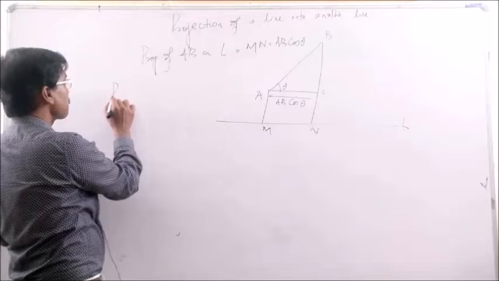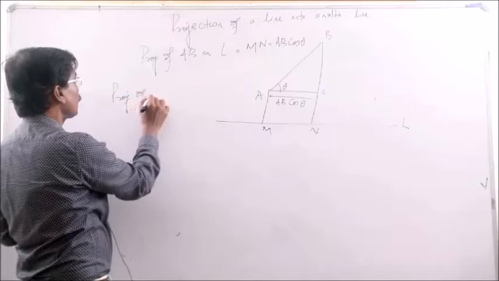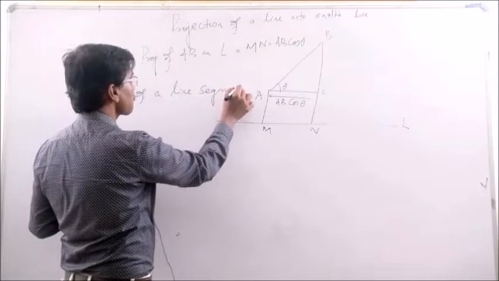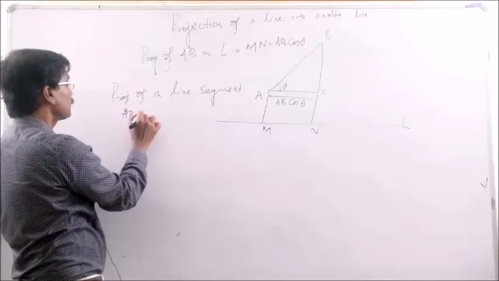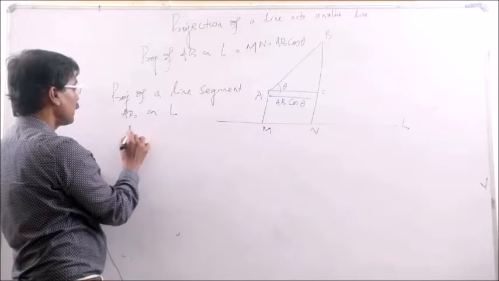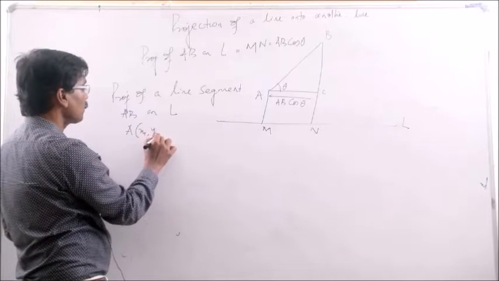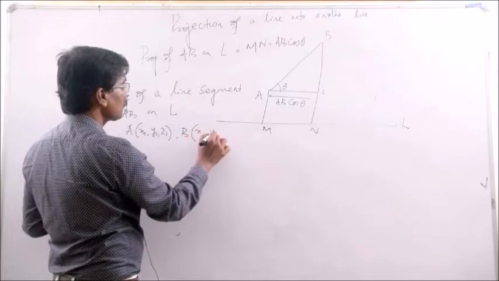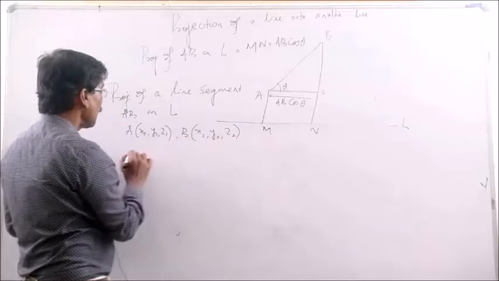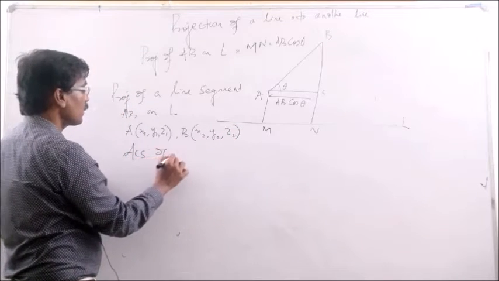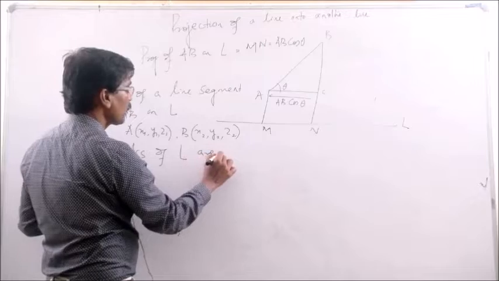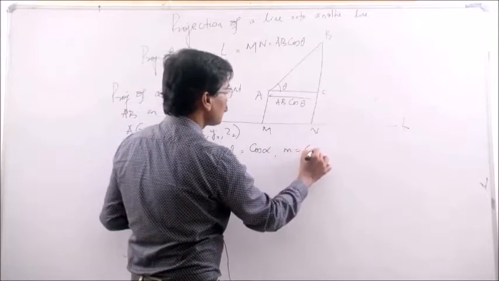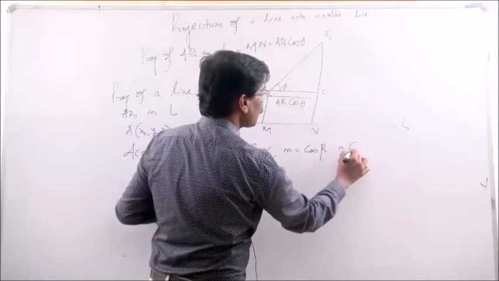Next we have projection of a line segment AB on L, where A has coordinates x1, y1, z1, B has x2, y2, z2, and direction cosines of line L are L, which is cos alpha, M cos beta, and N cos gamma.